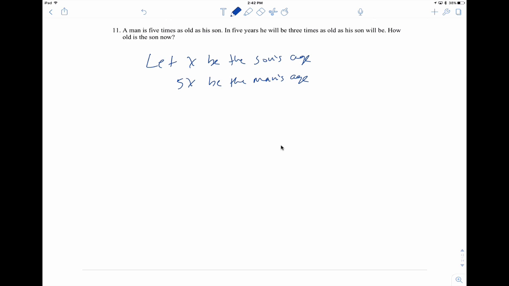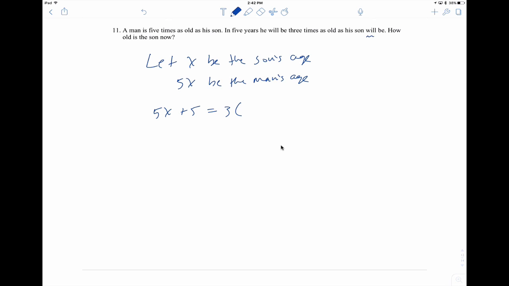So now, we say in 5 years he will be 3 times as old as his son will be. So the man in 5 years will be 5x plus 5, and he will be 3 times as old as his son will be.